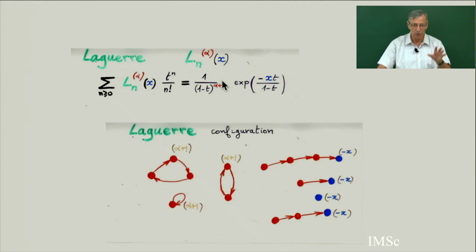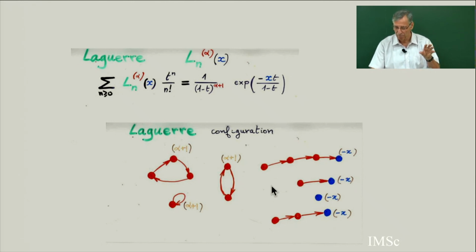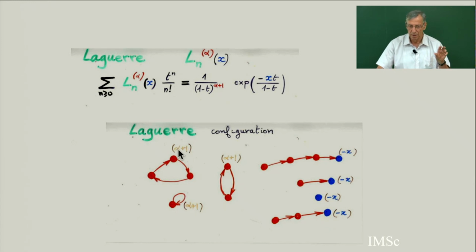So to translate this into combinatorics, this comes from a Laguerre configuration. Here we have a permutation, two by two disjoint cycles, where each cycle is weighted alpha plus 1. This comes from this generating function of permutations. So this is a partial permutation. Product means there is something more on the right, and t over 1 minus t.